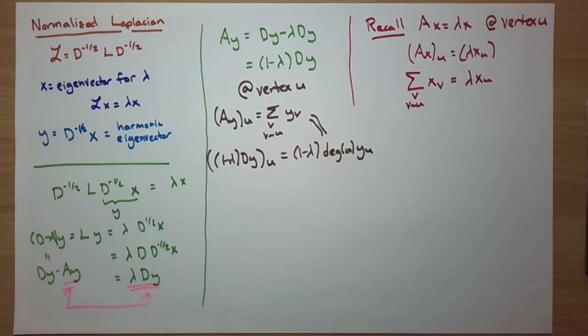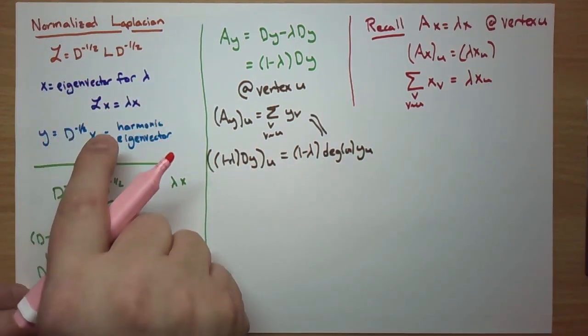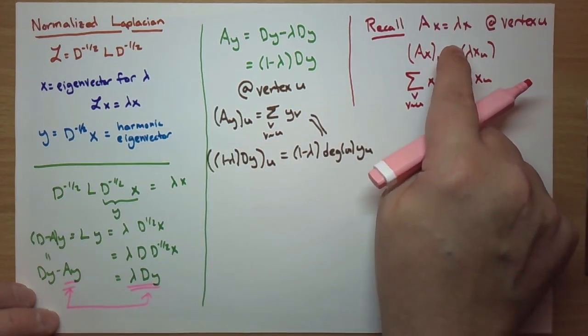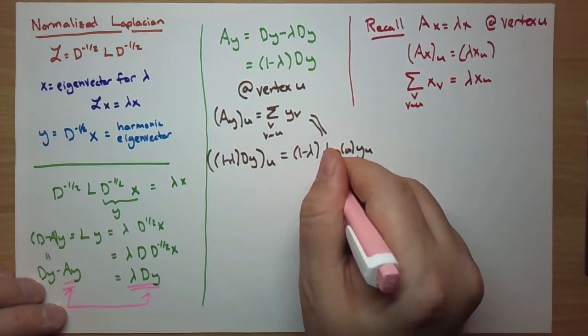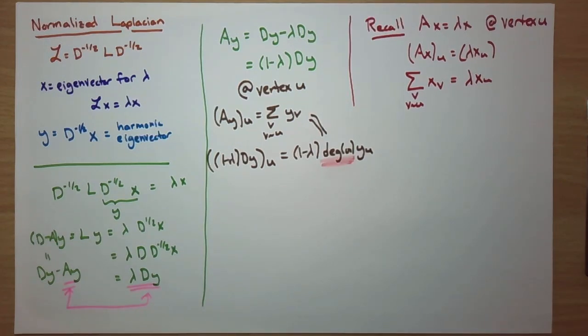So that we can say, what's the difference between a normalized Laplacian in terms of these harmonic eigenvectors and just the normal adjacency matrix in terms of normal vectors? It's that you've introduced this one term. So essentially you have this weighting term, the degree of U. And so how much can that really change things? Well, it changes things enough.